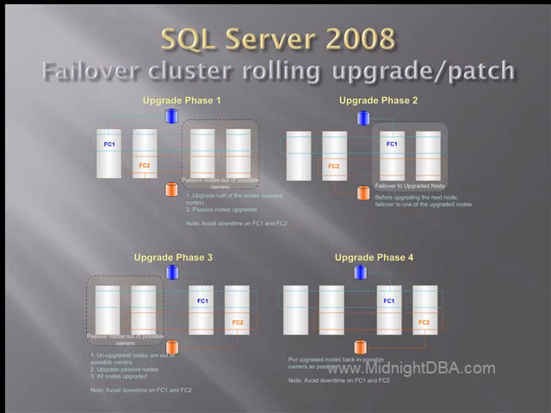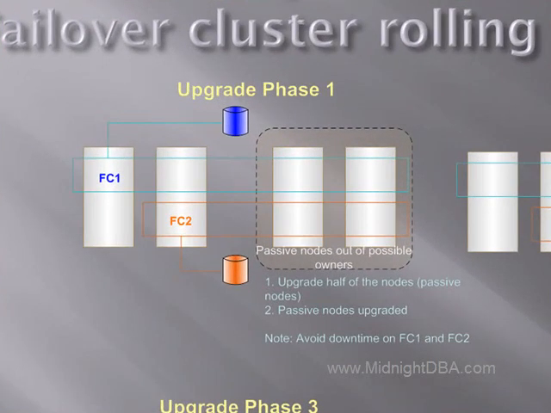So this is a sample slide that shows you. This is a 4-node cluster. So for patching, let's say you had 2 instances of SQL, FC1 and FC2, as you see there. You can patch half of the nodes, which are the passive nodes, first with your service pack or hotfix or whatever the SQL Server patch. At that time SQL will still be available, so both FC1 and FC2 will be available for you to access.